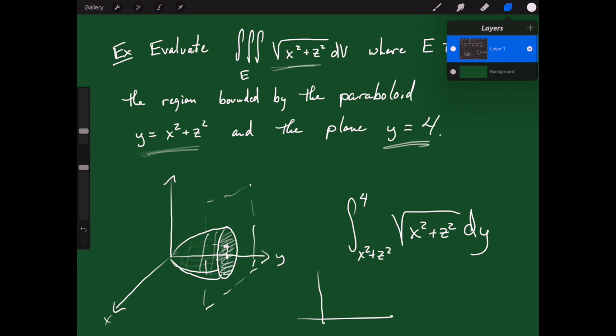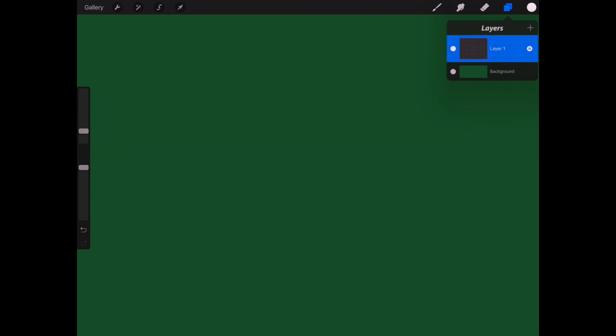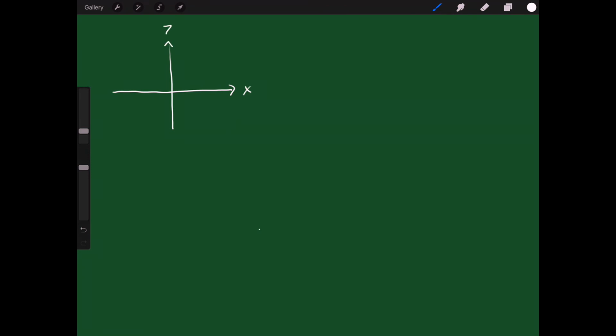Well, y is taken care of, so we need to look at the xz plane. And what is this function sitting over in the xz plane? If I project this thing down onto the xz plane, here's x, let's say, and here's z, it's just a circle, correct? It's a circle in the xz plane if you think about what is the region in the xz plane that this surface is sitting over. And what is the radius of that?